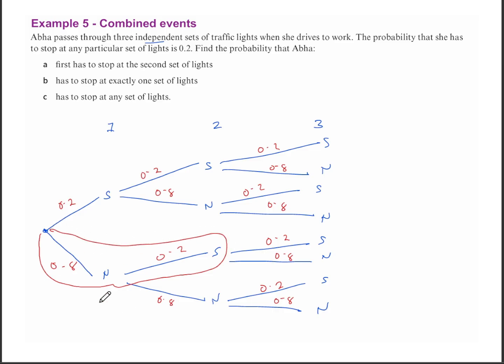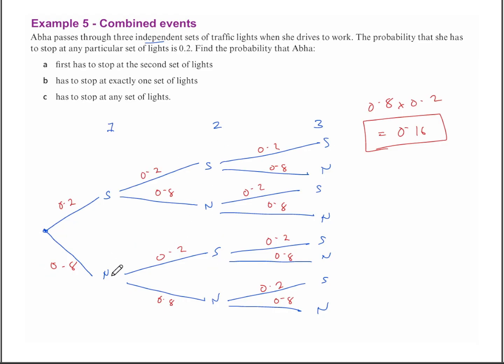And so we want these 2 to happen. Whatever else happens after that doesn't matter, but we want these 2 events to occur. And so we will take the probability of that, which is going to be 0.8 multiplied by 0.2, because we want both of these to happen, which gives us a probability of 0.16. And so we have a probability of 0.16 that she first stops at the second set of lights.